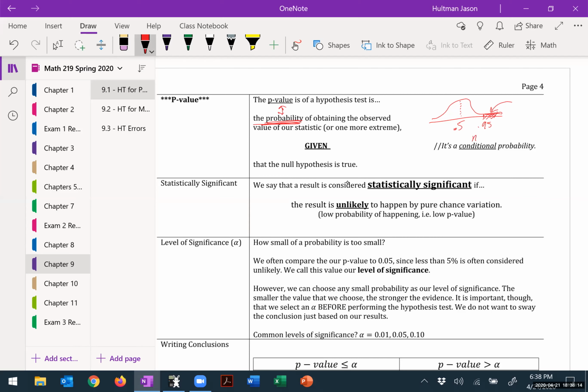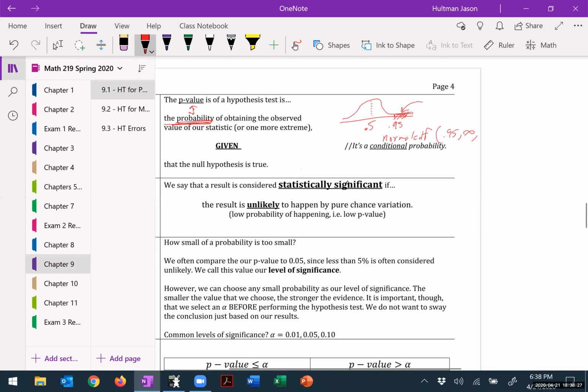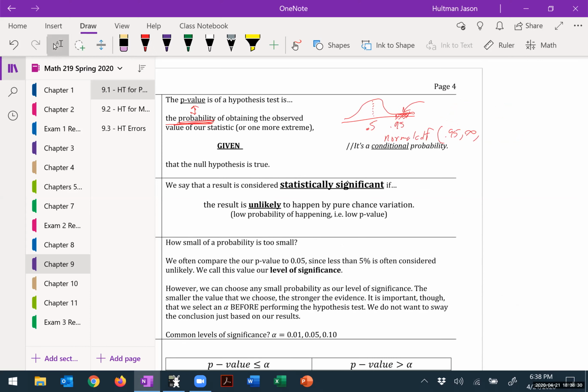Normal CDF to calculate this. The low would be 0.95. The high, infinity. The mean is 0.5. The standard error would be the square root of 0.5 times 0.5 all over my sample size.